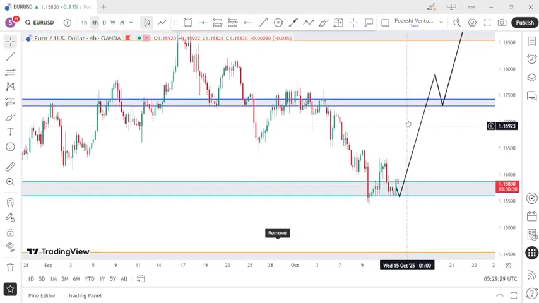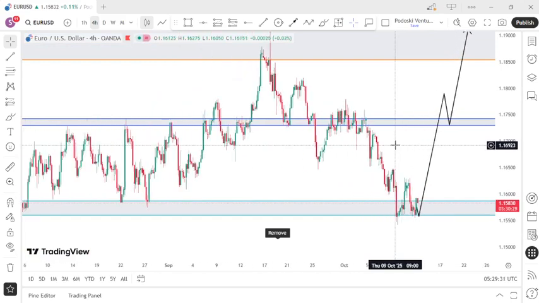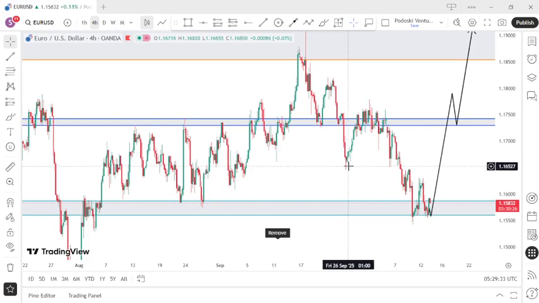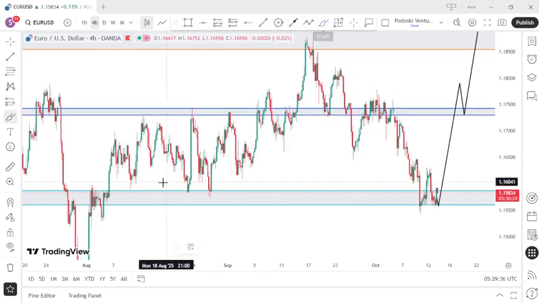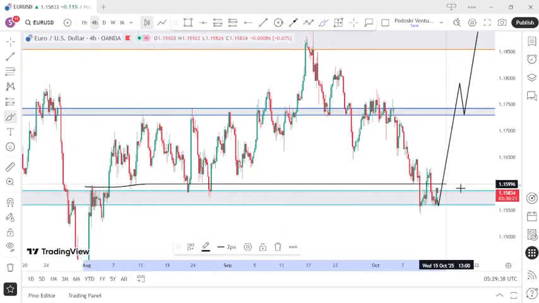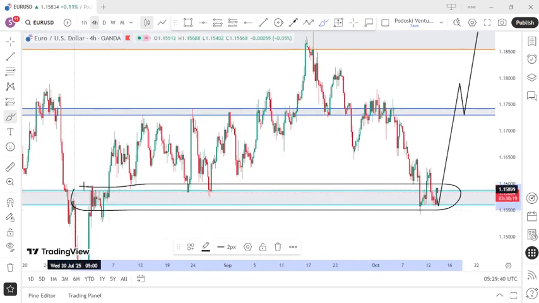From the 4 hour, you can see price is currently at my zone, and this is a very strong buy zone, a very strong support zone. Because anytime price taps into it, it tends to go to the upside, and price is finding it very hard to break below this support.